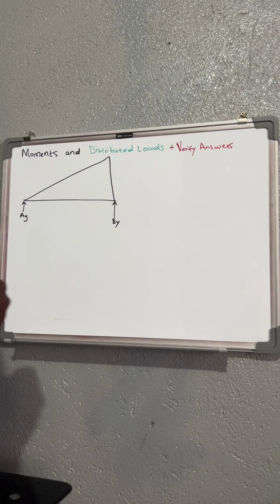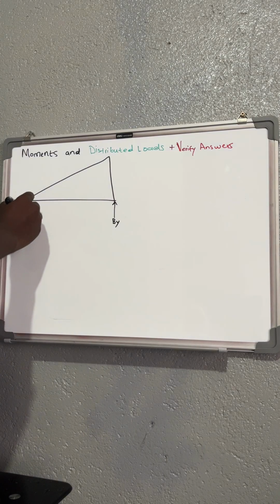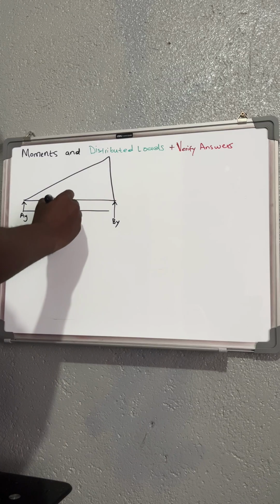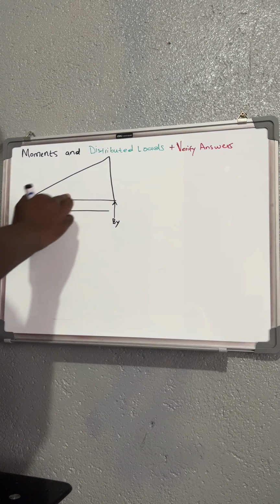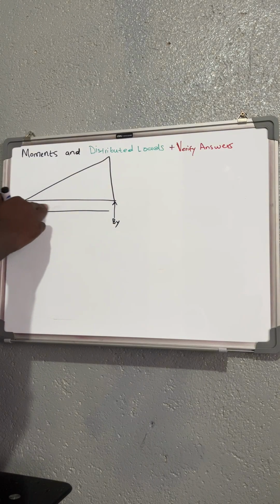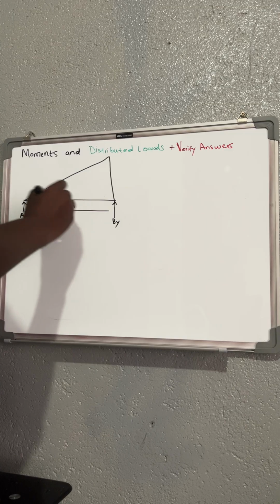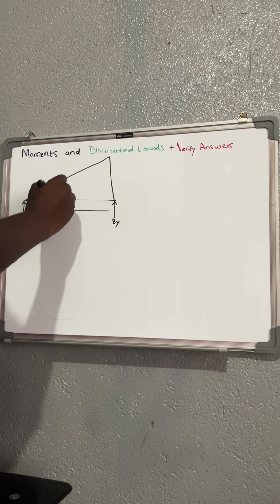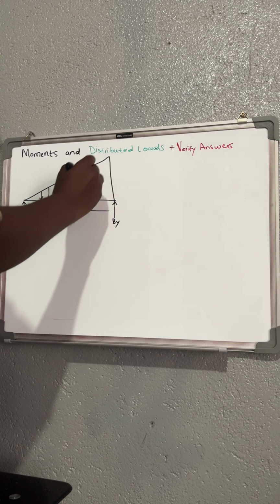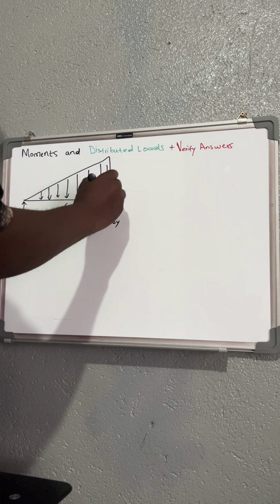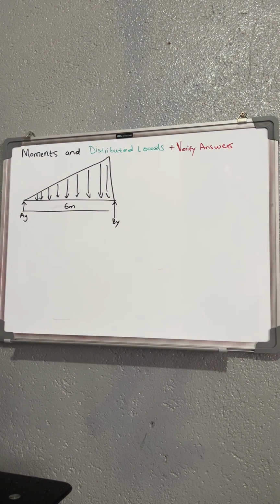Then they tell you that the distance between here and there is 6 meters. That would be your distributed load, and they tell you to calculate the reaction.